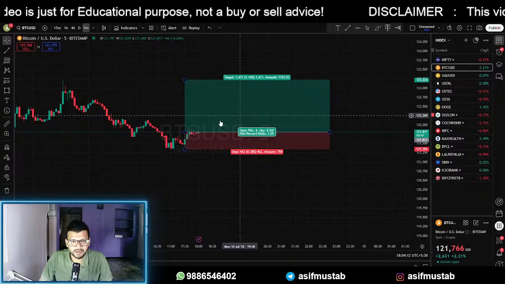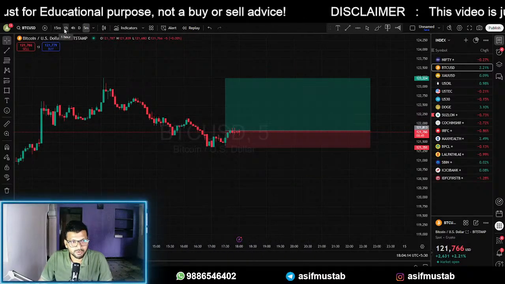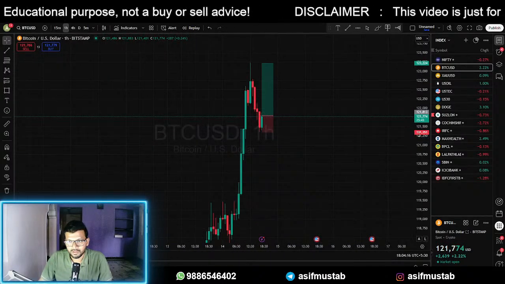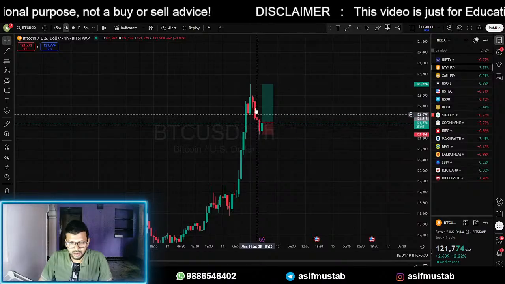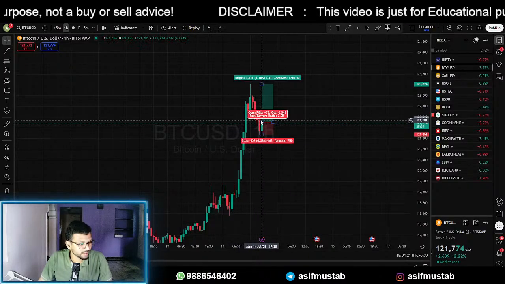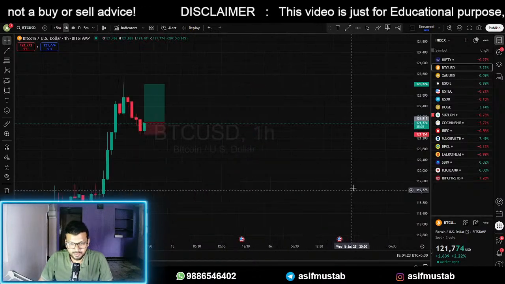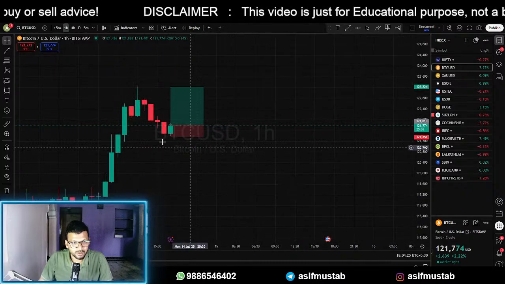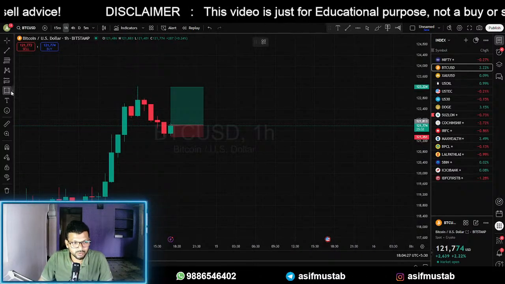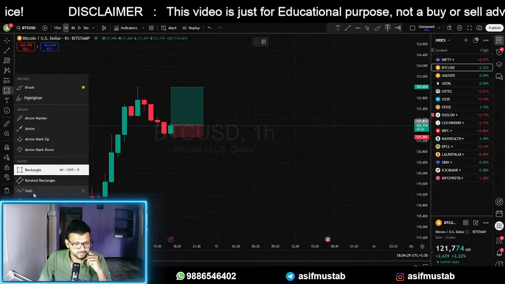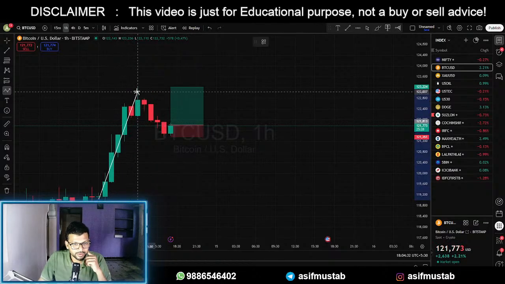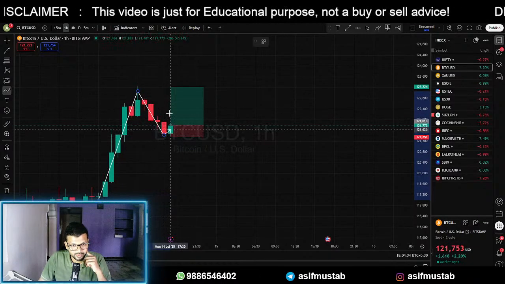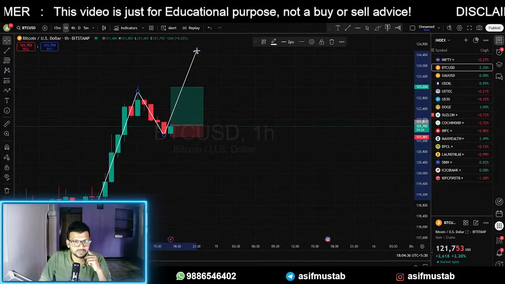The reason we are taking this trade is, if you look at the 1 hour chart, there is continuous buying, and this was not selling, this was a retracement. I have explained many times, whenever the market makes a good up move or down move, it will always take some minor retracements, then it moves in the same trend.